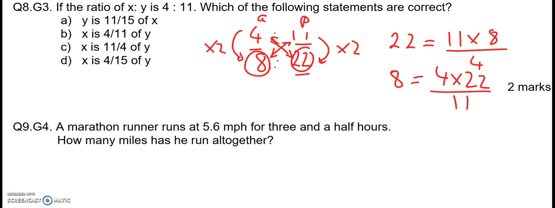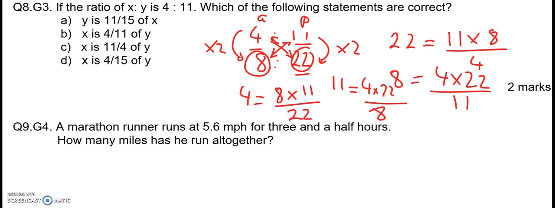Or 11 would be equal to 4 times 22 divided by 8. Or 4 would be equal to 8 times 11 divided by 22. So multiply across diagonally and then divide by the other number.